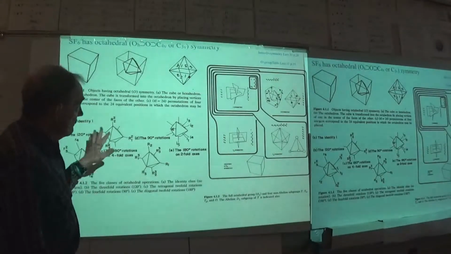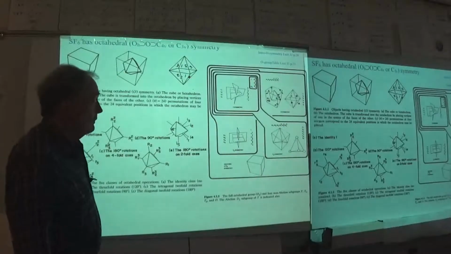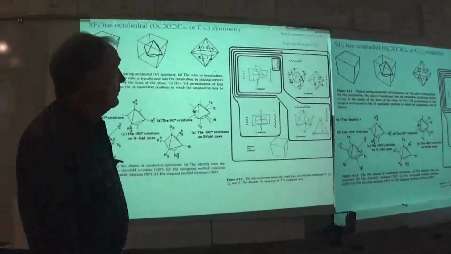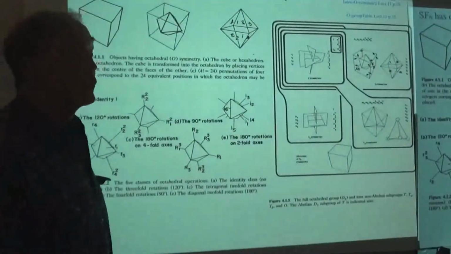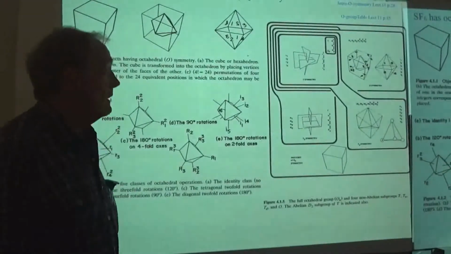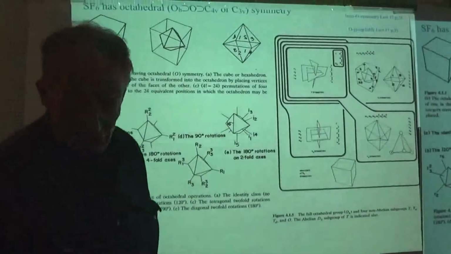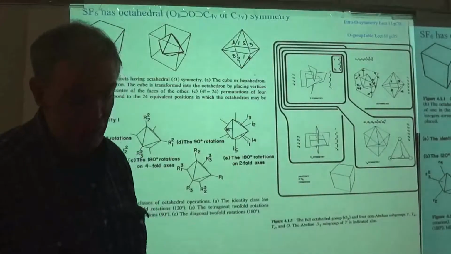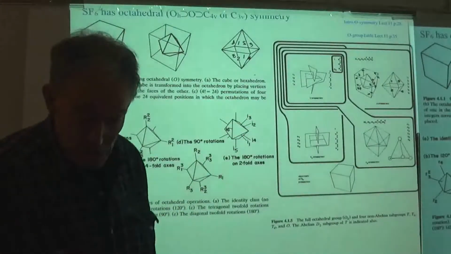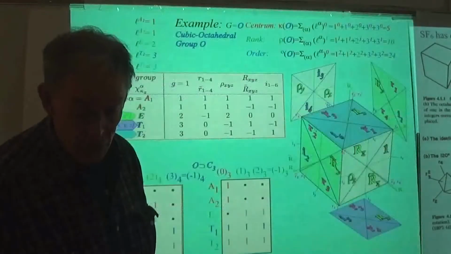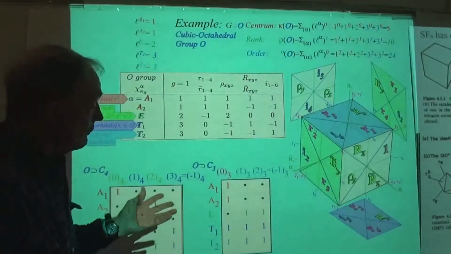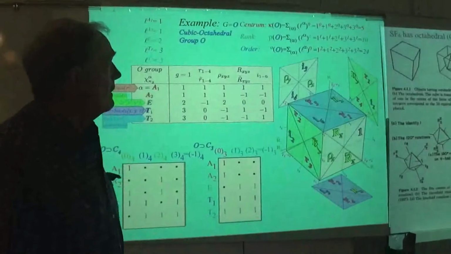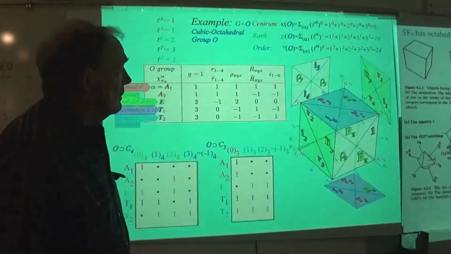But remember, 5 classes, that means 5 kinds of irreducible representations, and we're going to use all of them, and some of them multiply, in order to analyze the modes of this devilish octahedral molecule. This is from that International Journal of Molecular Science article.